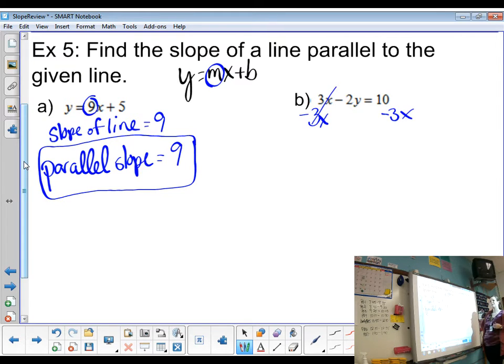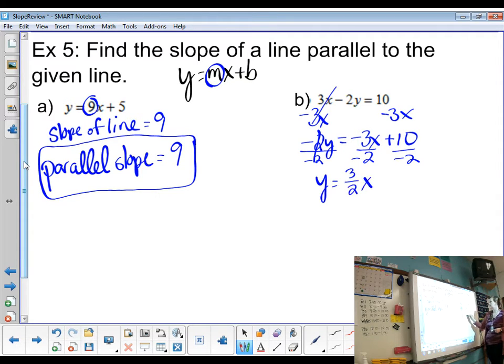Again, our goal is to get the y by itself. So you're going to carry down the minus 2y. That's going to be equal to negative 3x plus 10. To finish this out, to get the y by itself, we're going to divide everything by negative 2. And that leaves us with y equals 3 halves x minus 5.